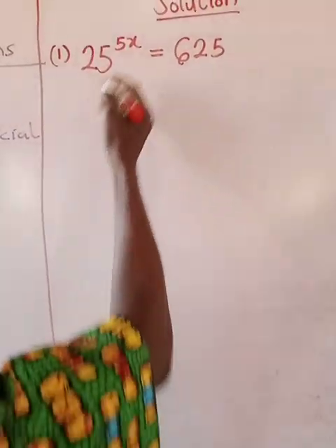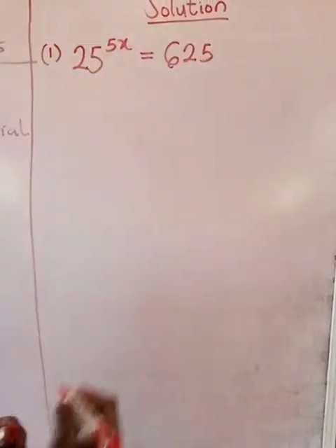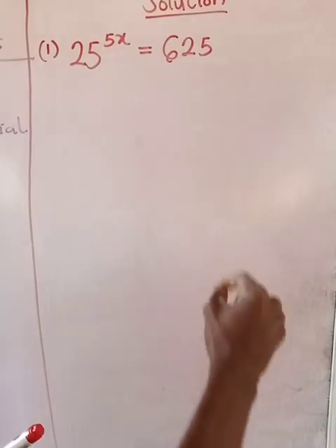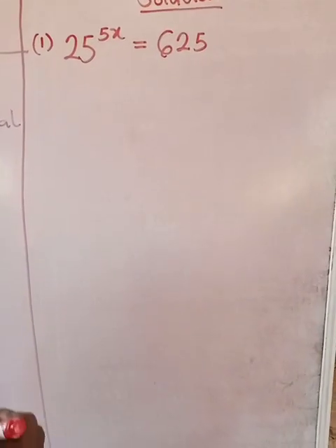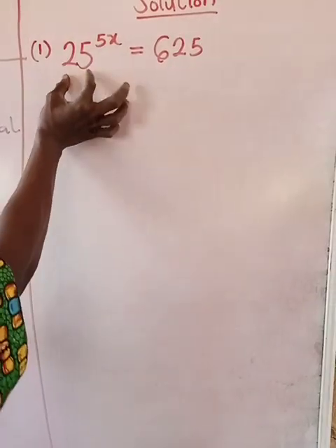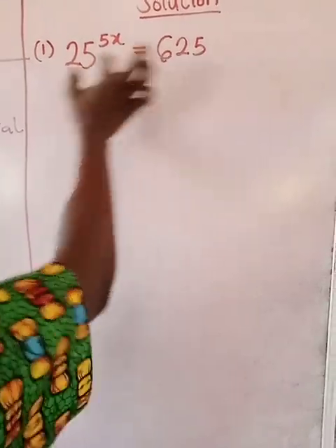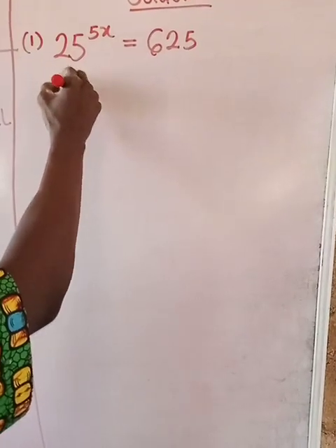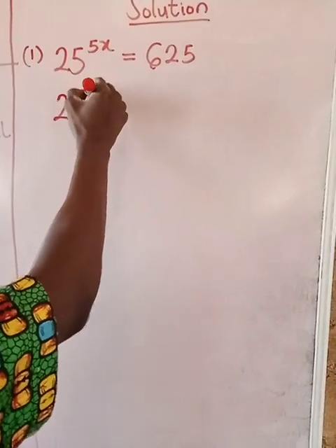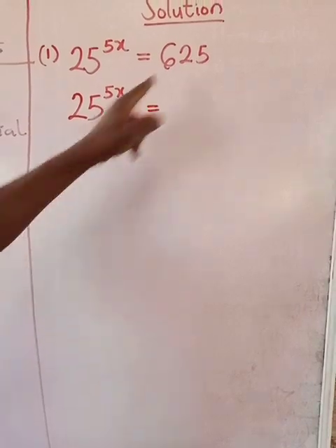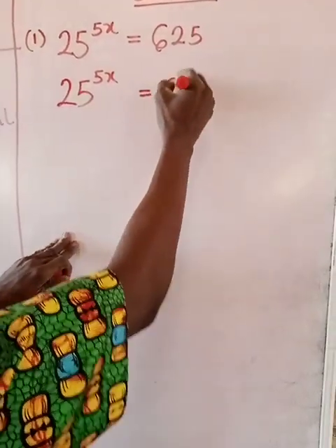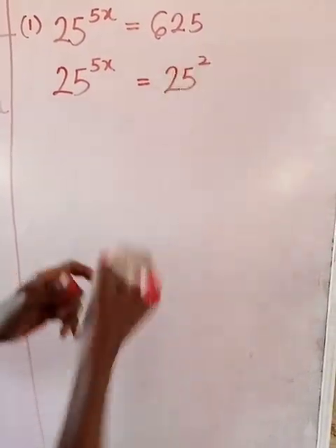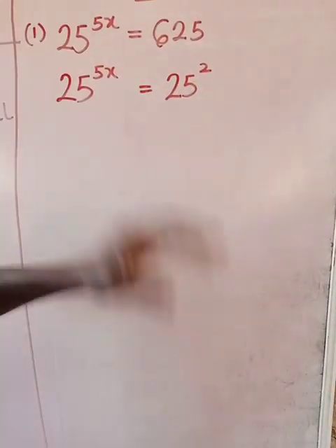So what does that mean? 625, if you check, is 25 times 25. That's 25 raised to power 2, and you see 25 is the base here now. So there's something that connects the two together. So you can change 625 to 25 raised to power 2, because 25 raised to power 2 means 25 in two places.